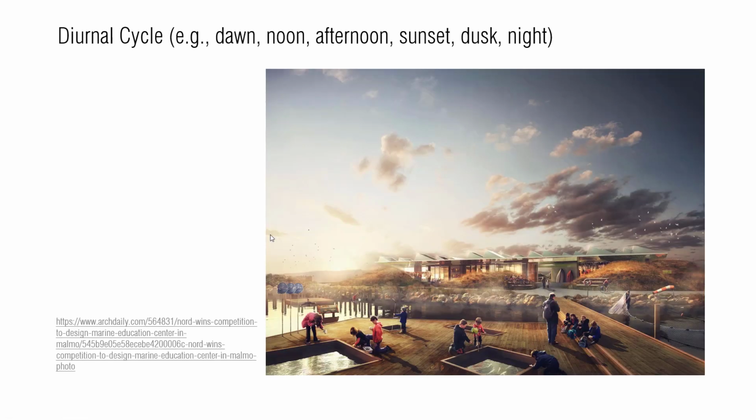In addition to considering seasonal changes, there are other dynamics that you would like to consider in your renderings. For example, the diurnal cycle. You can have morning, noon, afternoon, sunset, dark.